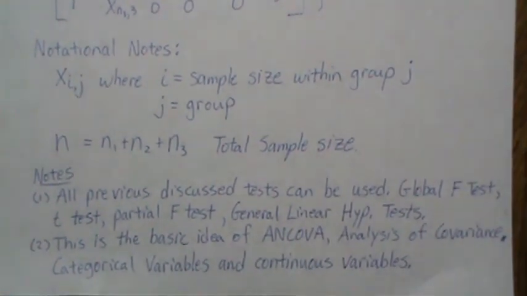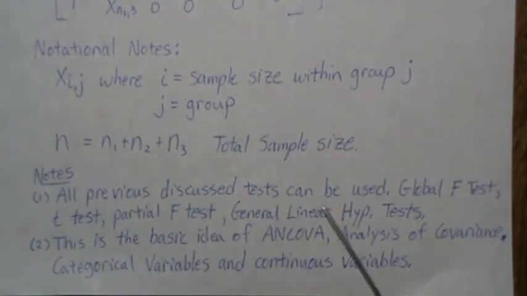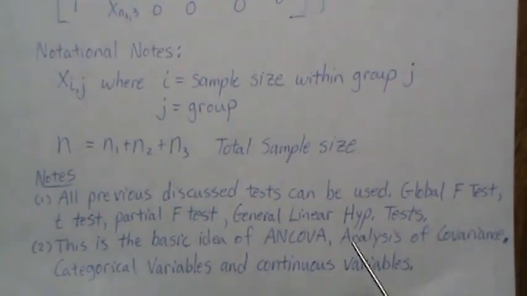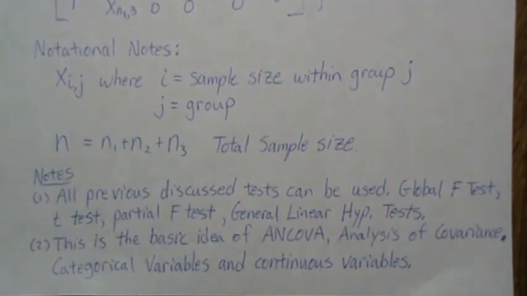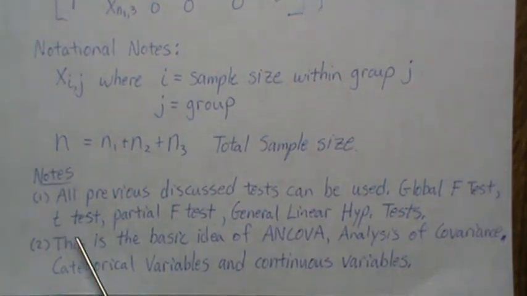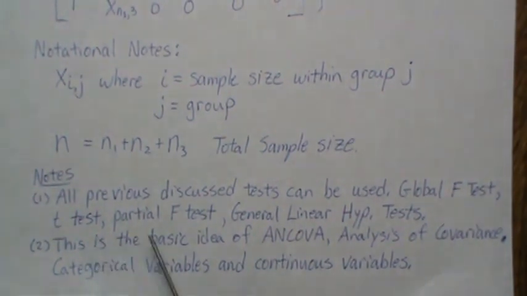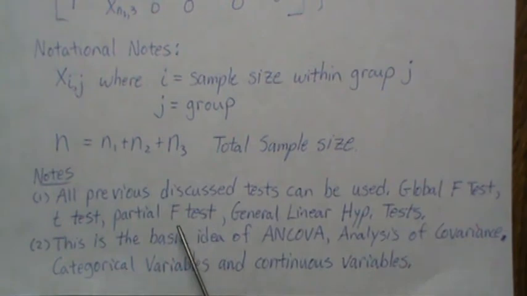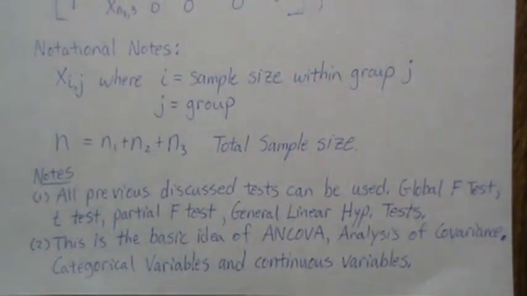And last, all the previously discussed tests can be used for this model. So the global F test, the test of overall model usefulness, the t test when we're looking at the test for a single beta parameter, the partial F test if we want to test one or more beta parameters, and the general linear hypothesis.